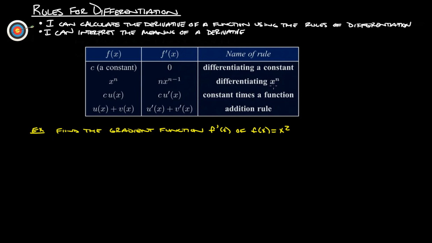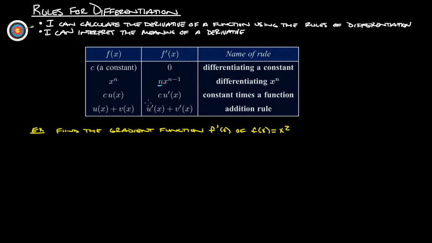Differentiating x to the n power, this is what we talked about a few sections ago when we were doing the graphing piece. This is the nice way to do the derivative right here. So we have x to the n. What you do is this n here comes out front. There it is. And then you just subtract 1 from that power. So you end up with n out front, and then x to the whatever power that was, now 1 less than that.